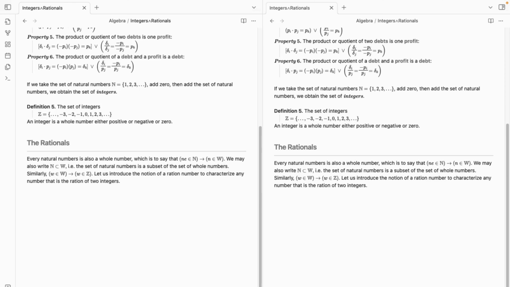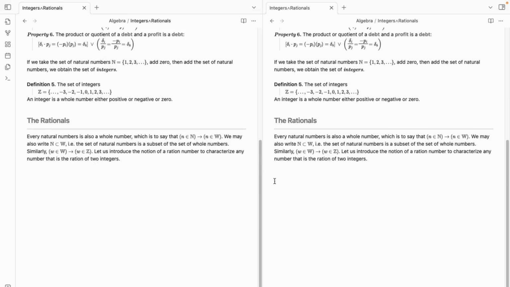All right, so that's a sort of standard way of introducing the notion of a rational number as a number that is the ratio of two integers.